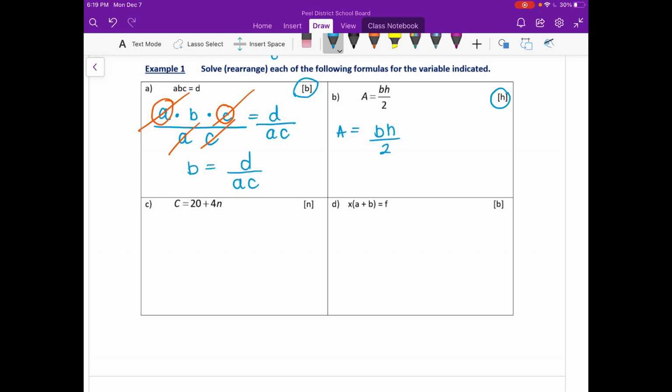First things first, I'm going to get rid of this over 2 by multiplying both sides by 2. I'll be left with 2a equals base times height. Now I want to get rid of that base, so I'm just going to divide by base. So height is equal to 2 times area divided by base.